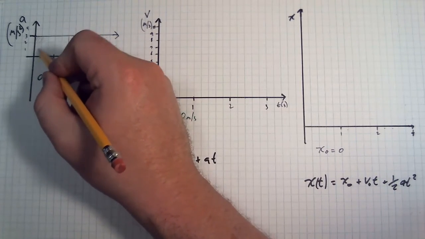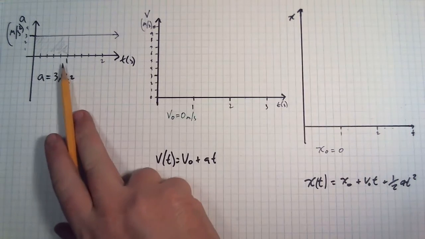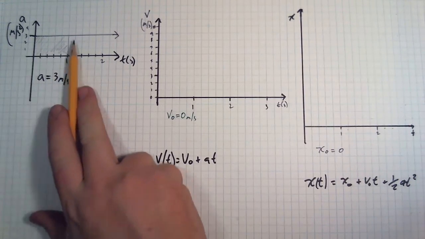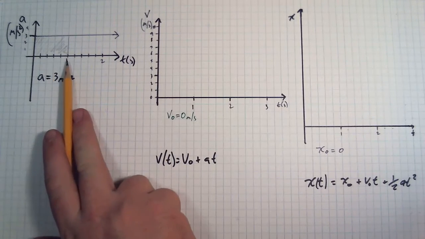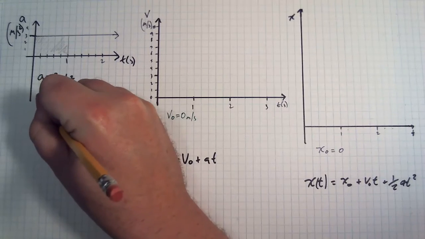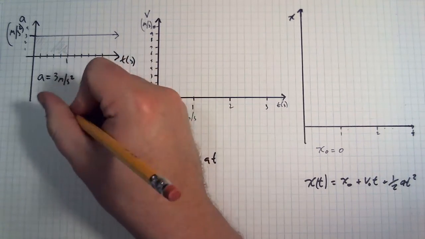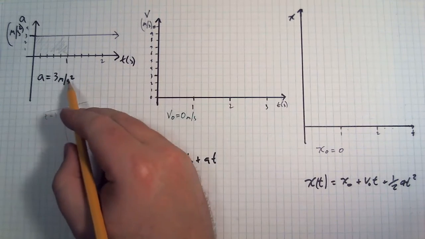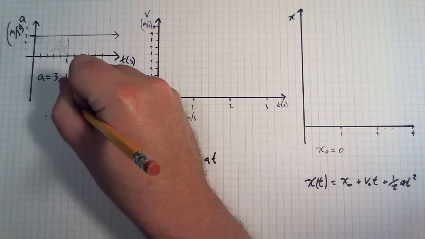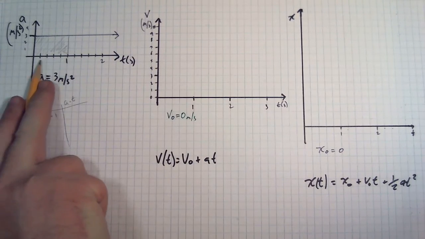So if I shade in this box here at time equals 1 second, the area of this rectangle is just 1 second times 3 meters per second squared. A is always 3 meters per second squared, so a times t, because a would be my height, t would be my base.